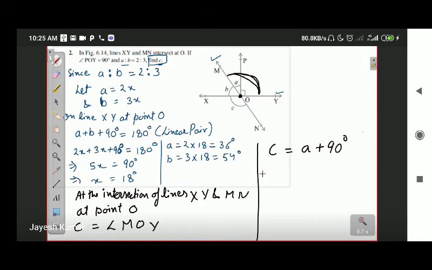We already know the value of A, that is 36 degrees plus 90 degrees. It should be equal to 126 degrees. So that is your final answer. The answer for C is going to be 126 degrees.